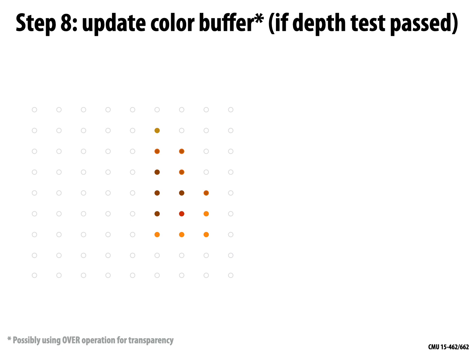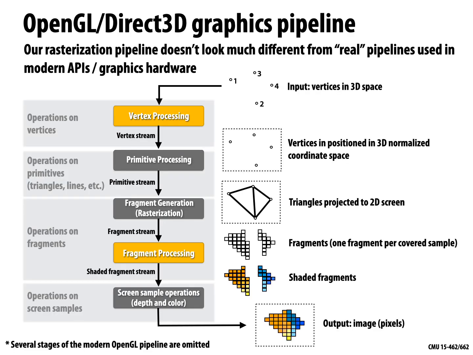In fact, the thing that you now know how to implement is not so different from the true OpenGL or Direct3D graphics pipeline that's used in modern graphics hardware. So if you go and start reading about this idea of OpenGL and how GPUs are designed, you will find that it is very, very similar to what we have been discussing here in class.